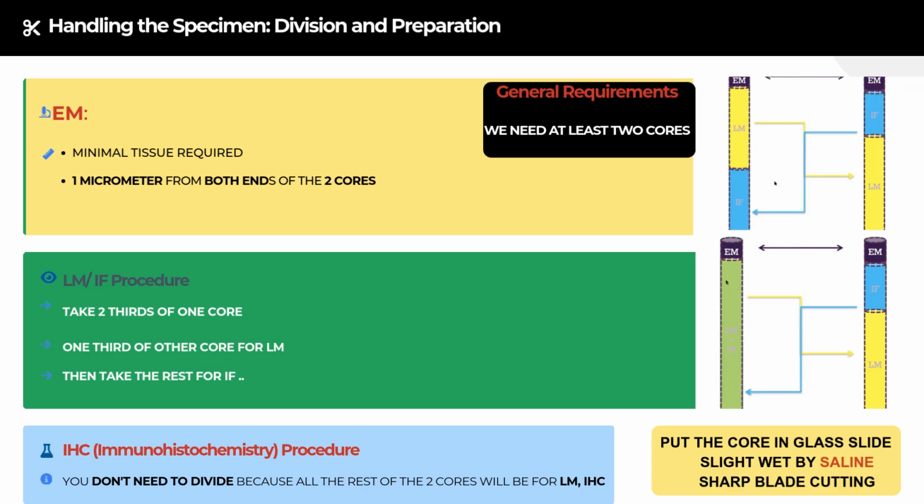If immunohistochemistry is required, there is no need to further divide the cores after sampling for EM. The remaining tissue can be used for both light microscopy and immunohistochemistry. Finally, remember that saline is used only to keep the core moist, not as a fixative.